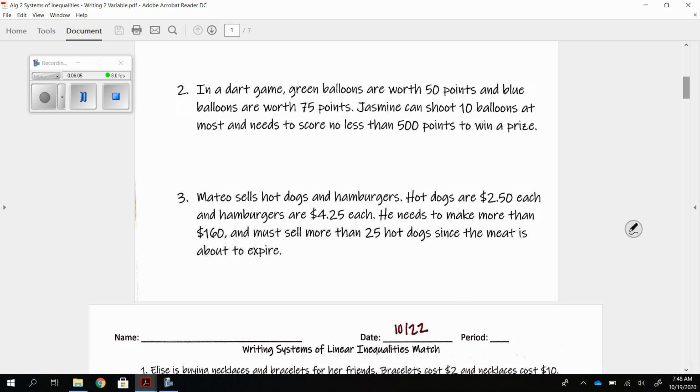I think it meant hot dogs and hamburgers. That might be a typo. But from here, hot dogs are X, and they're worth $2.50. Hamburgers are Y, and they're worth $4.25. He needs to make more than 160, and he must sell more than 25 hot dogs and hamburgers. Let's say it like that.